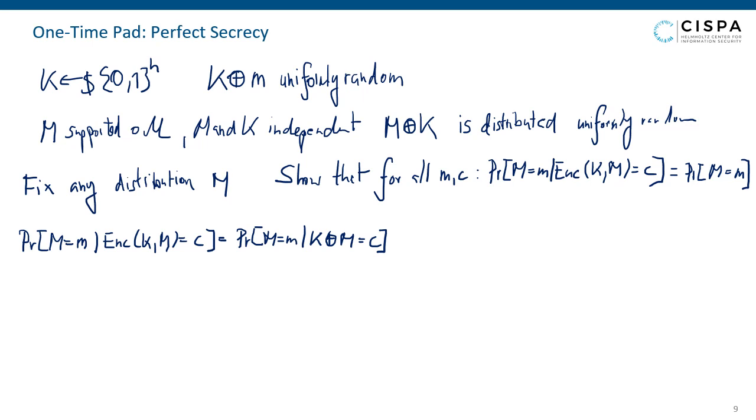And when we see such conditional probabilities and it's not immediately clear what to do with them, a good guess is just to throw Bayes' rule at this. So let's do this.